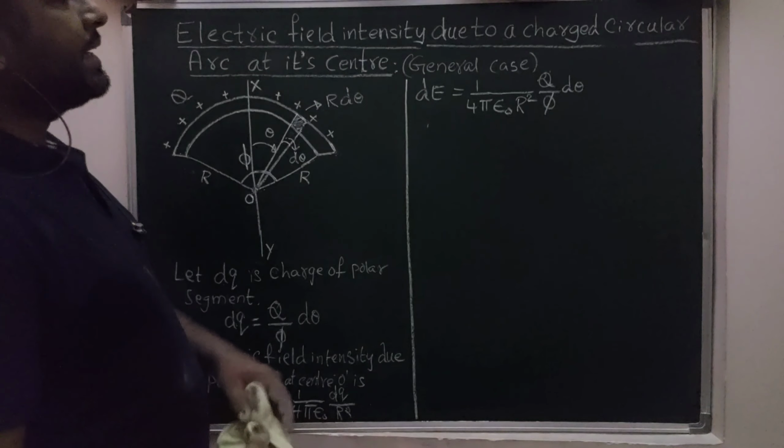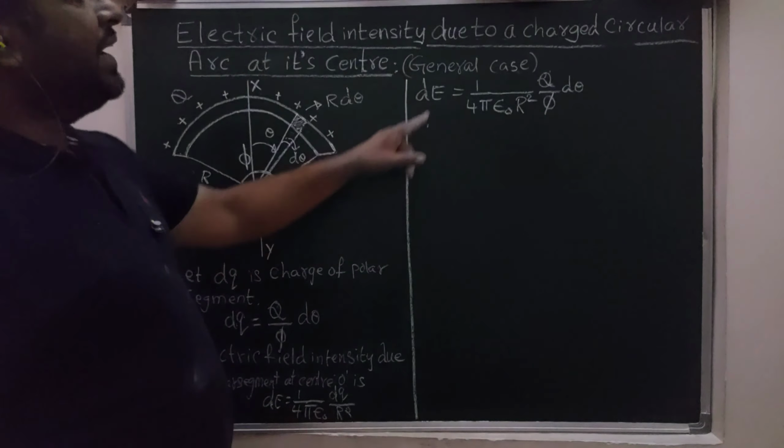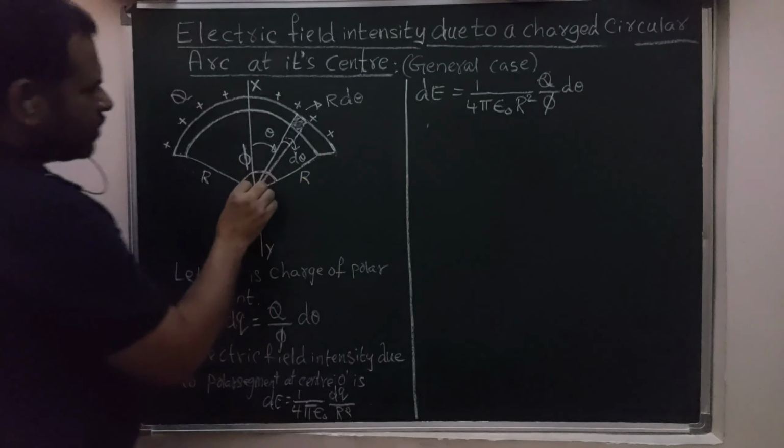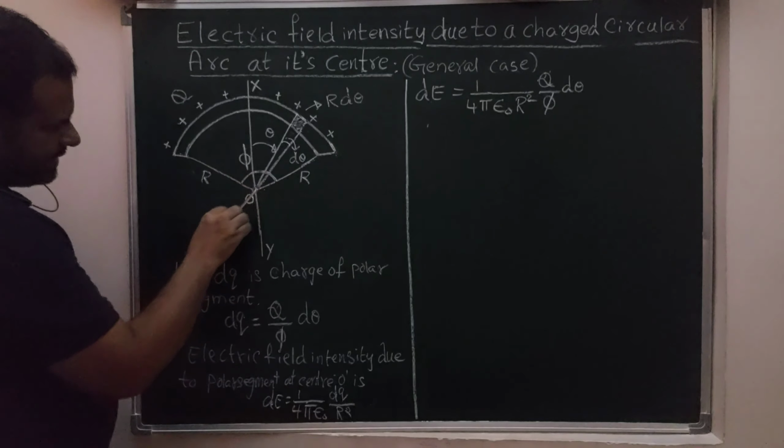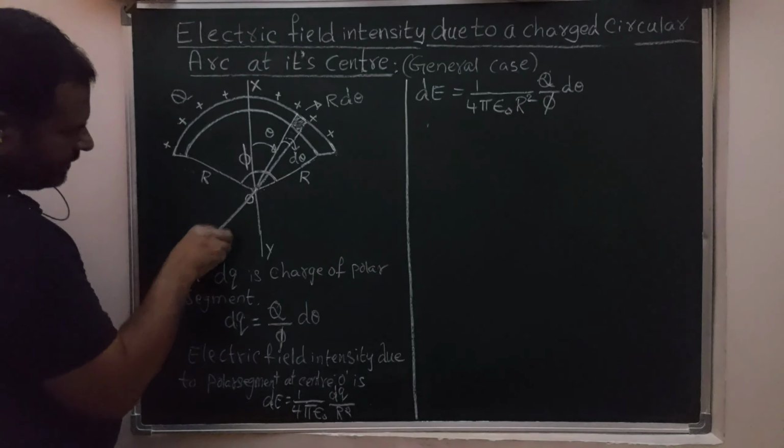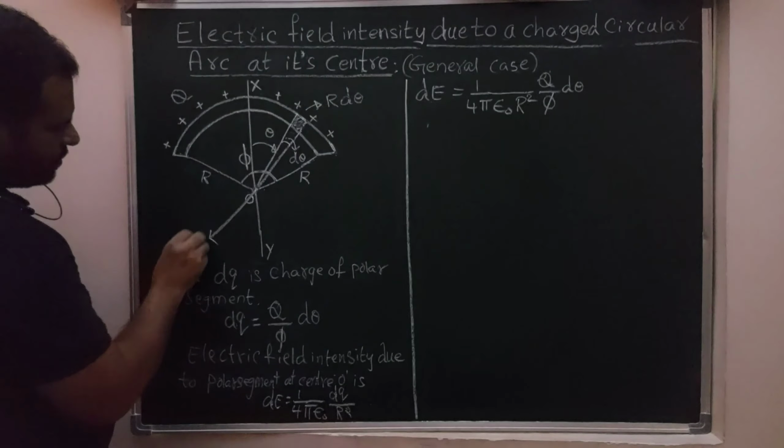So this is the electric field intensity due to this polar segment at the center. What is the direction of dE? The direction of dE is like this.